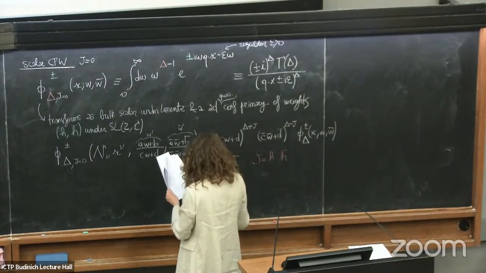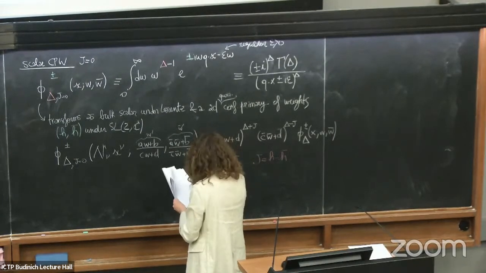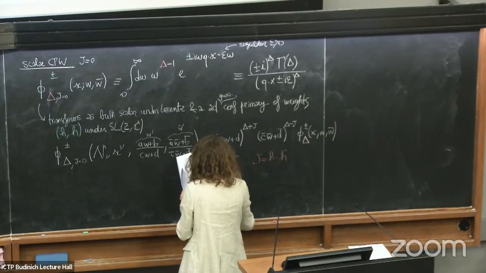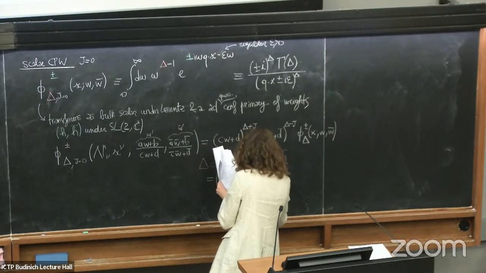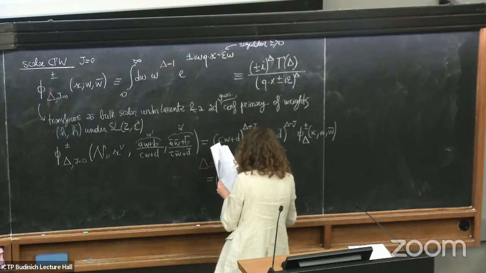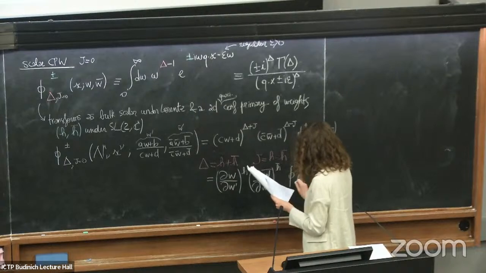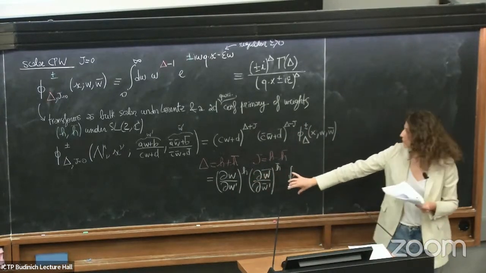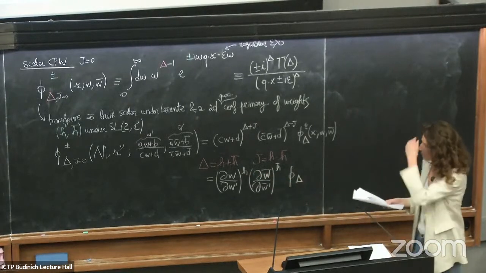So equivalently, if you're more familiar with this way of writing the conformal transformations, here is an equivalent way of writing that. So you should recognize this as the transformation rule of a primary of weights h and h bar.